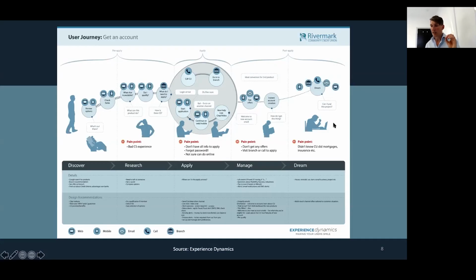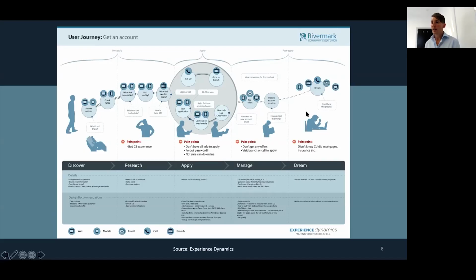In particular, the business said, go and find out the best way to make apply easy. It turned out that was actually really easy. It was easy to make it easy to apply using optical character recognition with a mobile app and streamlining the UI and the UX, the interface and the experience, making it really simple.